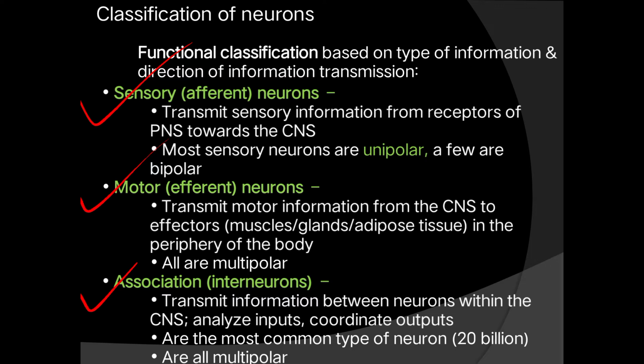And what are the effectors? Muscle is there to contract, to move accordingly. Then gland is there to provide secretion accordingly. Then adipose tissue is there, and accordingly they have to respond or move in the periphery of the body, and all are multipolar. So the motor neurons are mostly multipolar.